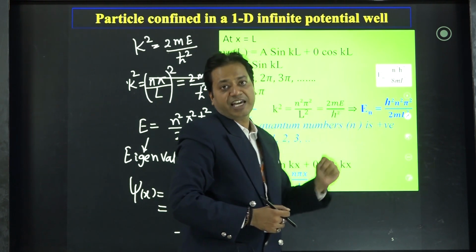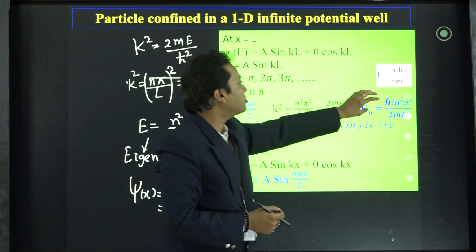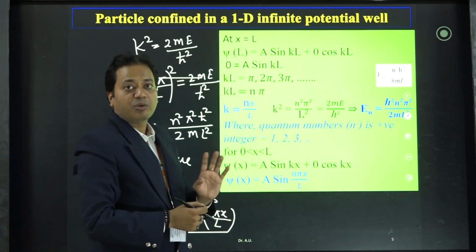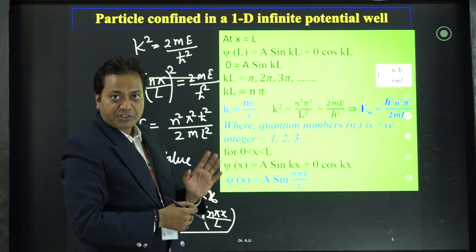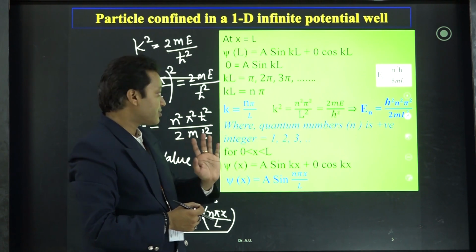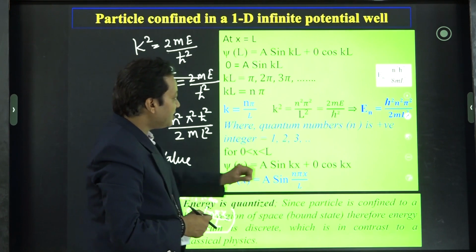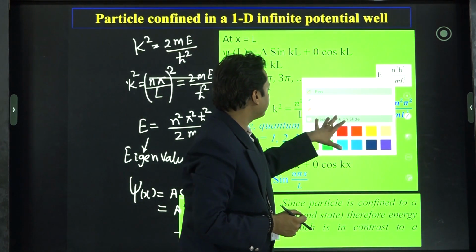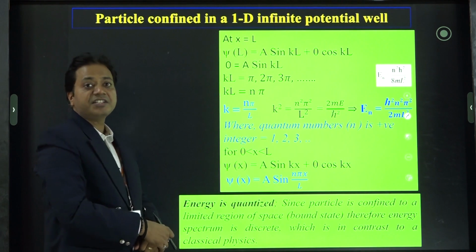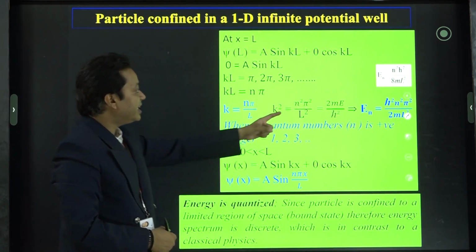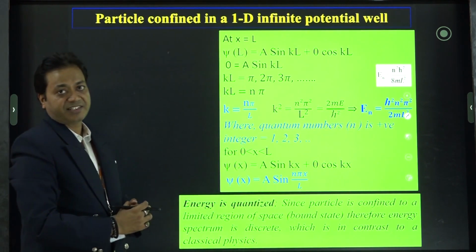We can replace this with h by 2 pi. So, this equation and this equation are same, only the difference is the reduced Planck's constant or Planck's constant. So, from here we can conclude that the energy is quantized.